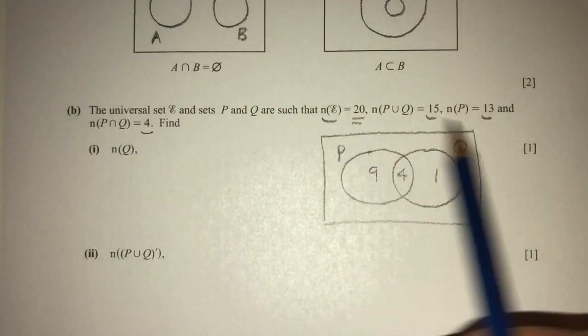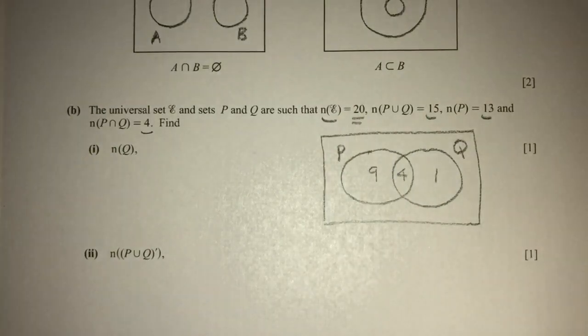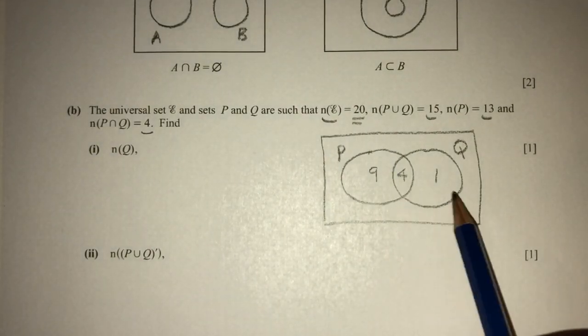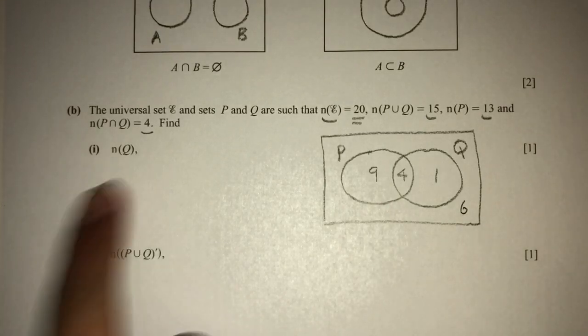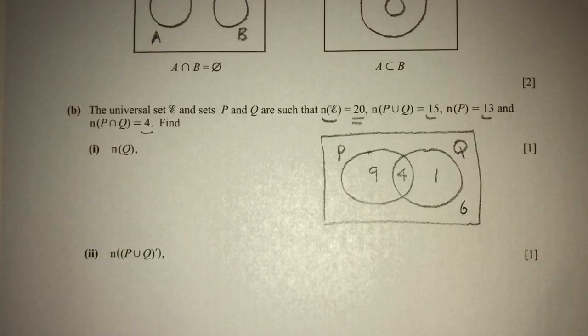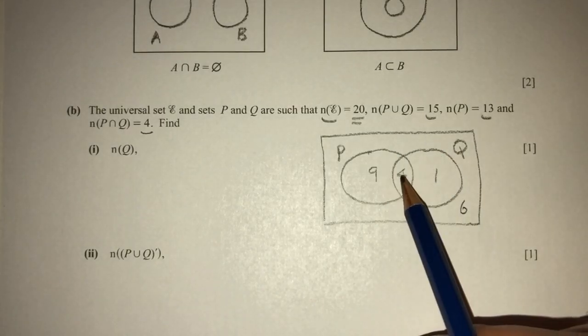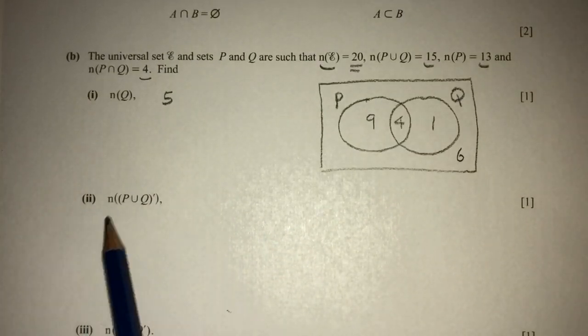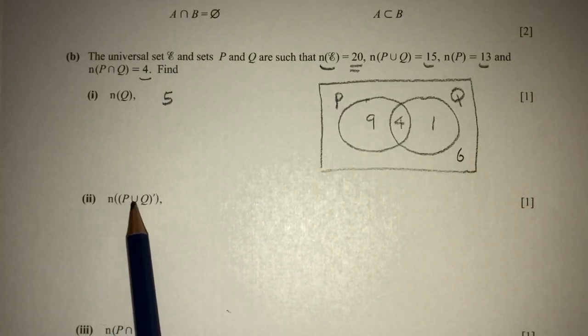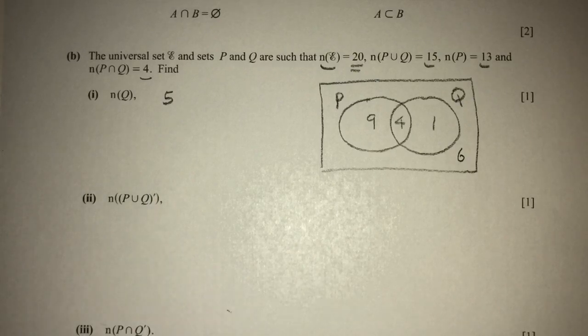Now we know everything together will be 20. So outside here will be how many? 20 minus 15, that should be 5. So question number 1, find the number of elements in Q. As you can see, Q is 4 plus 2 is 6. Part 2, find the number of elements in P union Q prime, which is outside of the set.